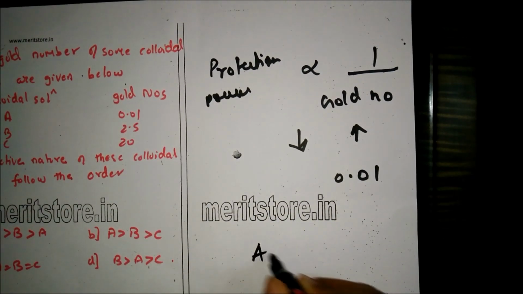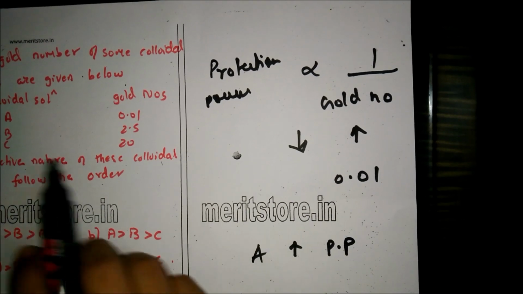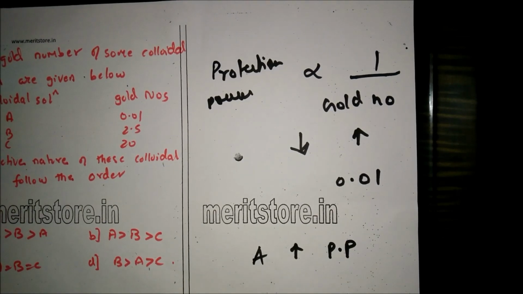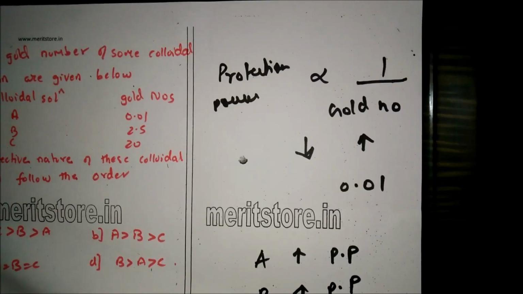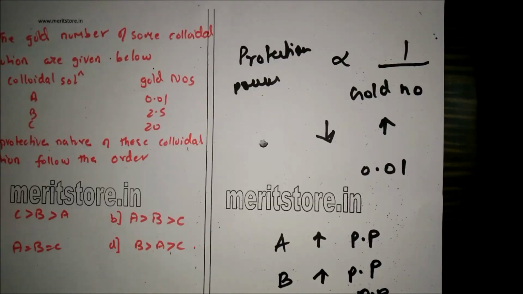Therefore, A will have the most protection power. After A, B has the least gold number. Therefore, B will be next, with more protection power. And then comes C. Therefore, here the correct answer will be option B.